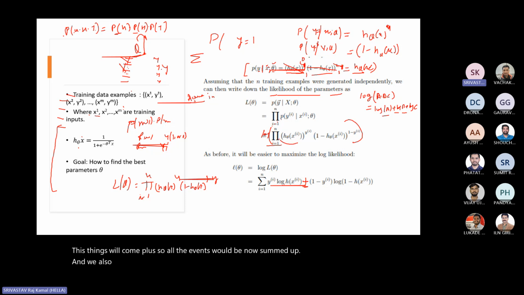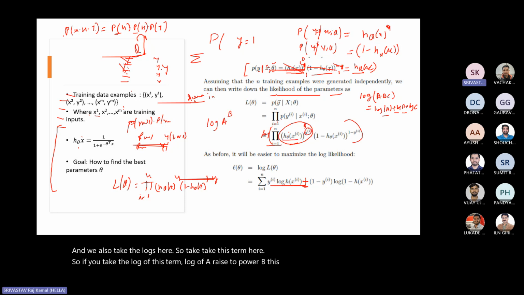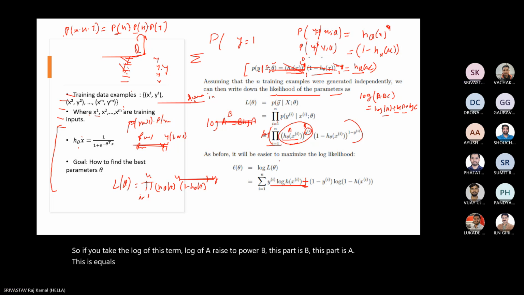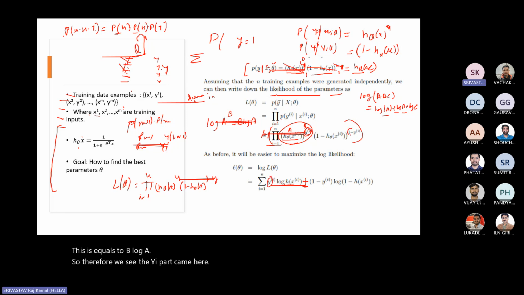So take this term here. If you take the log of this term, log of a raised to power b is equal to b log a. Therefore we see the yi part came here and log of this. Similarly, the 1 minus yi part came here, log of this term.